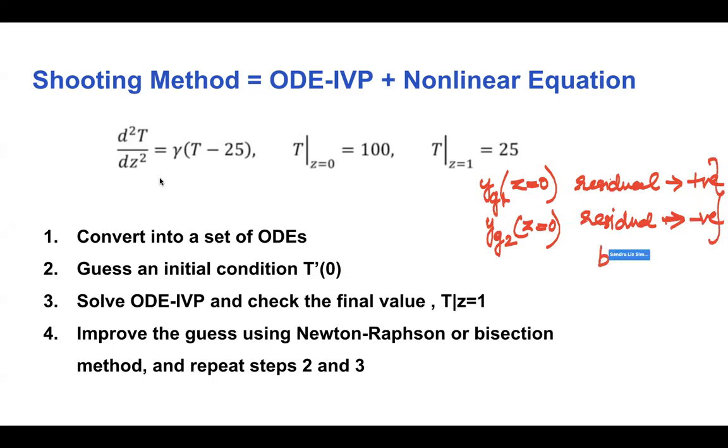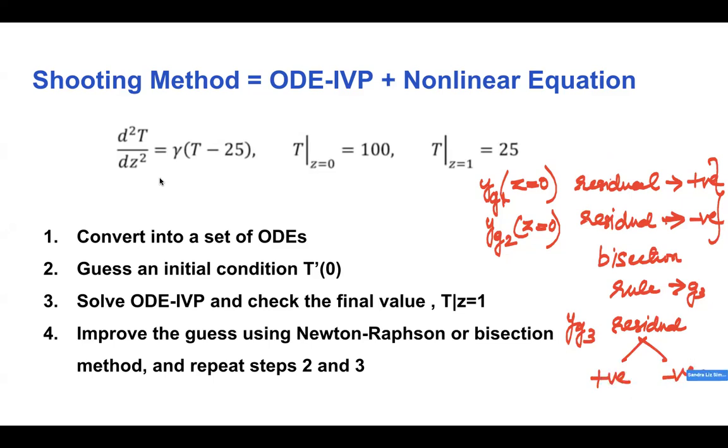That is the bisection rule. Then we calculate at the midpoint of that, let it be guess 3, and at y guess 3 we again check the residual. Based on its sign, whether it is positive or negative, we'll discard one of them, and you keep reducing the bracket just like you do in the bisection method.